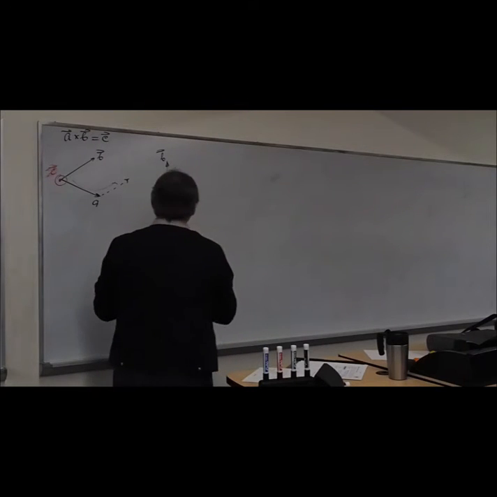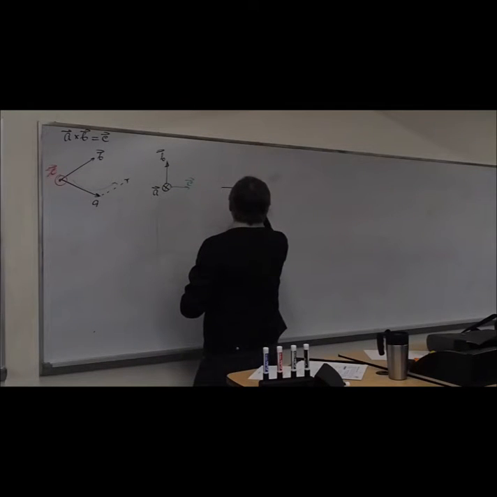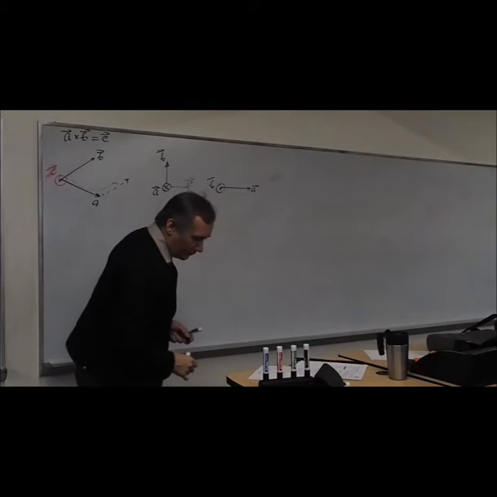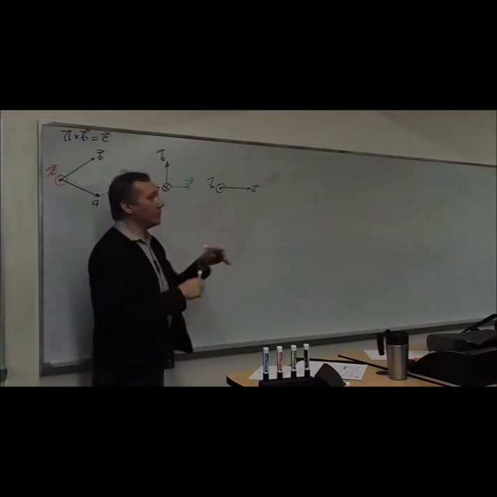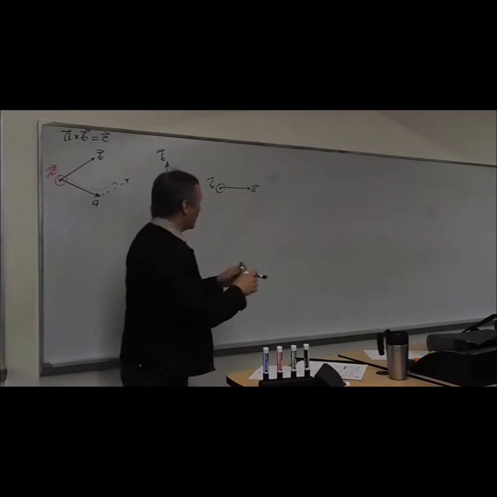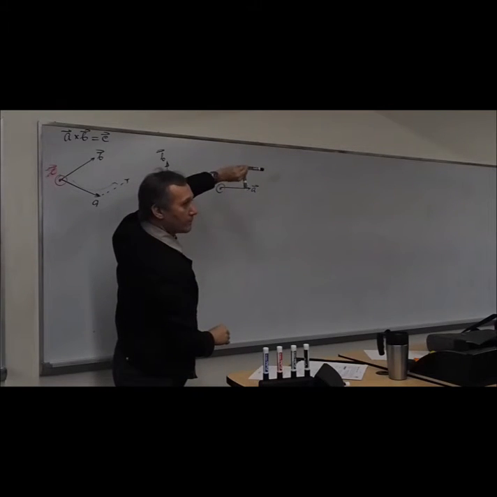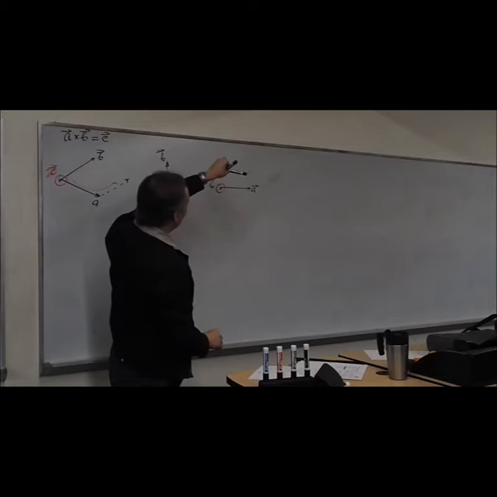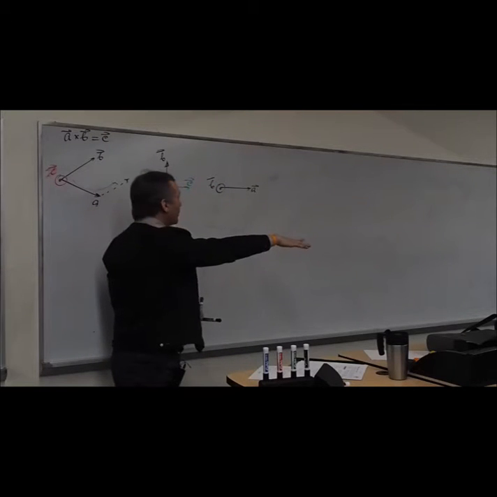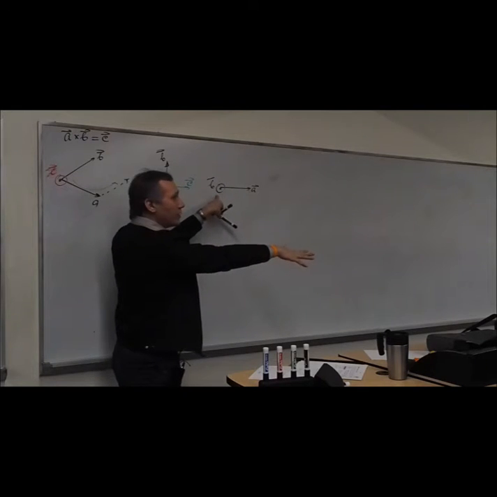Okay, now another example. Let me turn everything again. A that way, B is towards you. So you have this system, right? Align your hand along the first vector A, then orient it so that you can naturally bend your fingers towards the second vector.